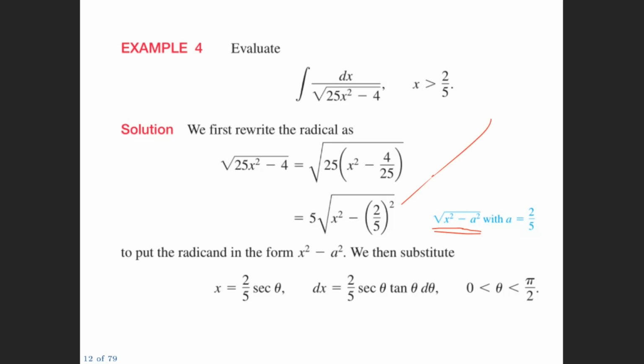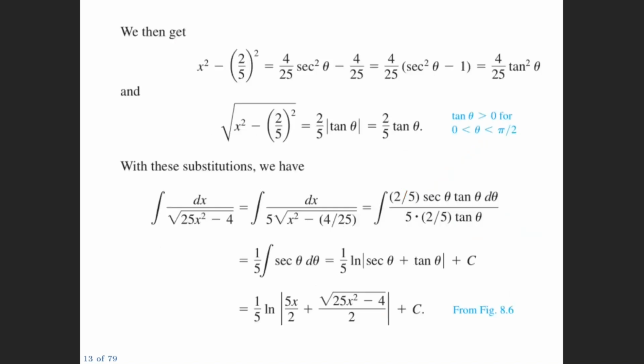So just a quick rearrange first. This looks like the third substitution, the one I was writing on the right. So we need to let x be 2 over 5 sec theta. We can calculate dx, and then we can substitute into the integral.